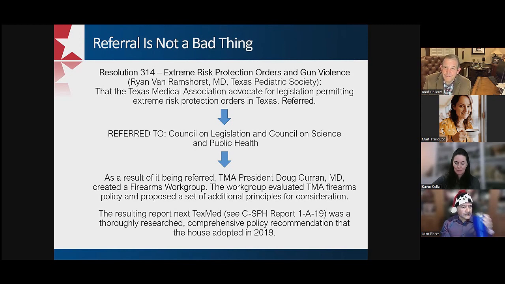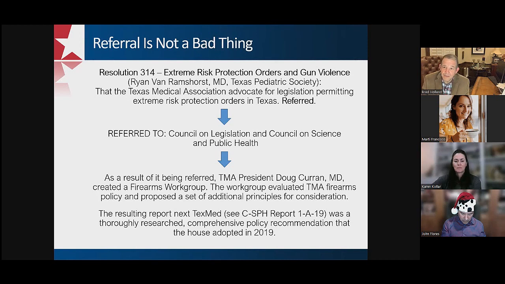In this example, Resolution 304, called Extreme Risk Protection Orders, or Risk Protection Order and Gun Violence, Ryan Van Ramhorst, many of you may know his name, put in a resolution that the Texas Medical Association advocate for legislation permitting extreme risk protection orders in Texas. It was referred. Didn't pass is probably would have been his first choice, but it was referred to the Council on Legislation and the Council on Science and Public Health. And sometimes we do refer them to two different entities if it covers two different councils.